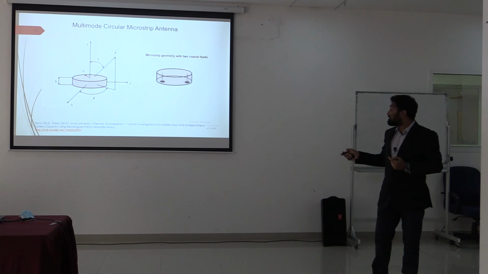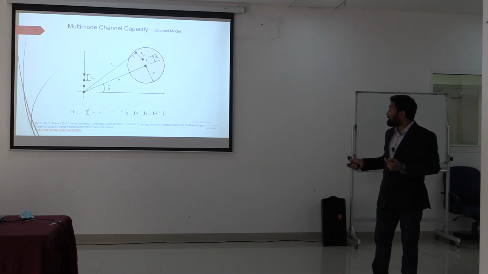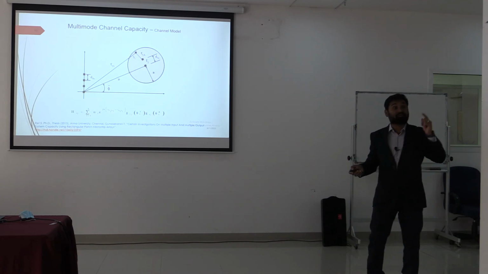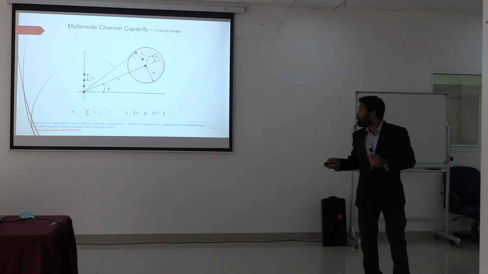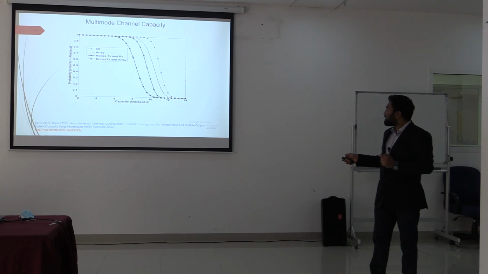So this is one of the suitable solutions to provide sufficient channel characteristics, and we have been using this particular four-element array and a multi-mode antenna with the same channel parameters. We estimated the channel model using the Kronecker approach. We proved that the multi-mode antennas provide modes at the transmitter and modes at the receiver.